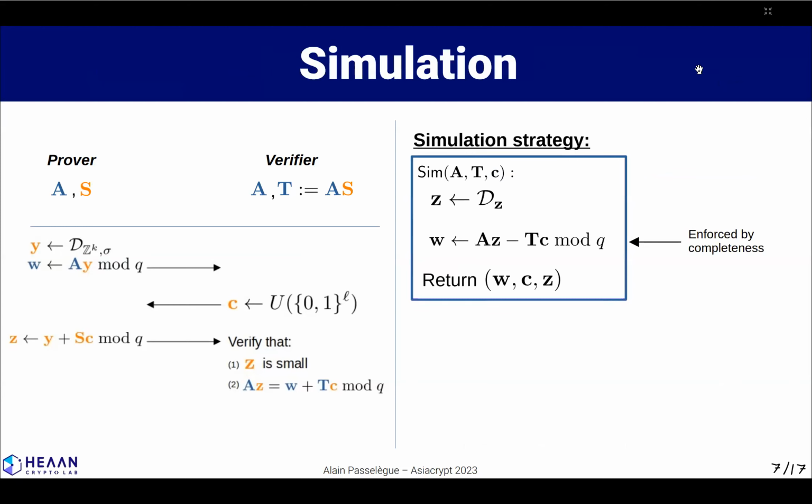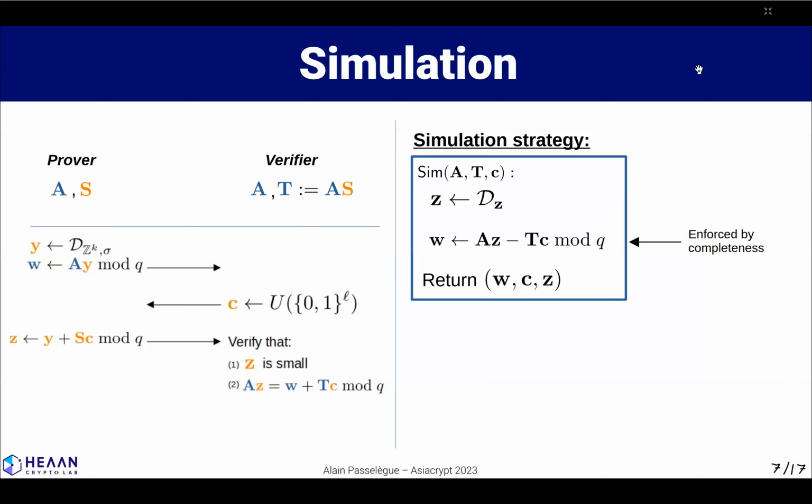All right, so what's the simulation strategy? So again, you want to construct a polynomial-time simulator that takes the public information A, T, and C and returns the transcript. So C is part of the input, so you don't want to produce C. So the question is how do you produce W and Z? So again, if you remember, W is bound to be A Z minus T C mod Q because of the second verification equation.